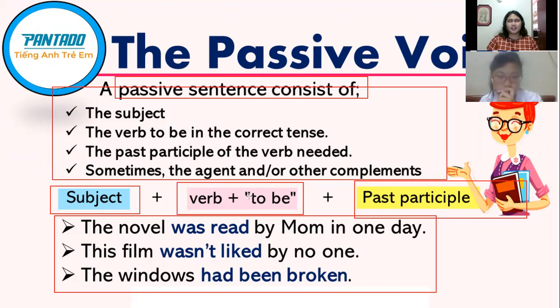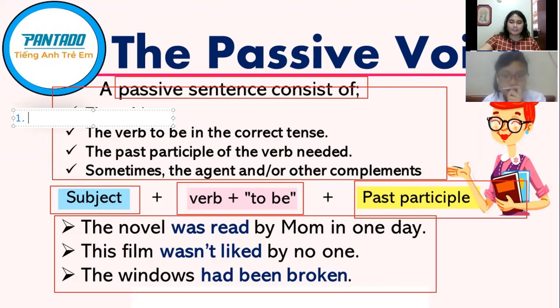All right, so can you give me two example sentences of passive? Let's just try. You can follow this format. Just use a past participle.